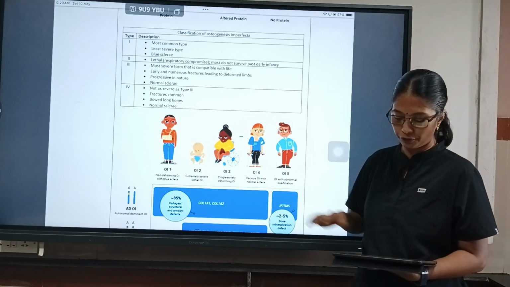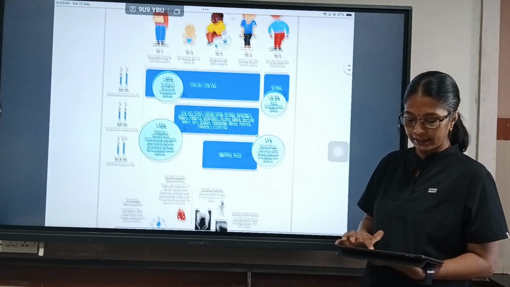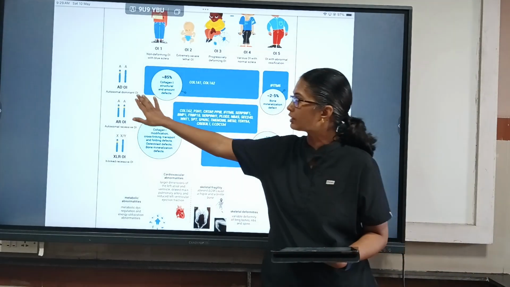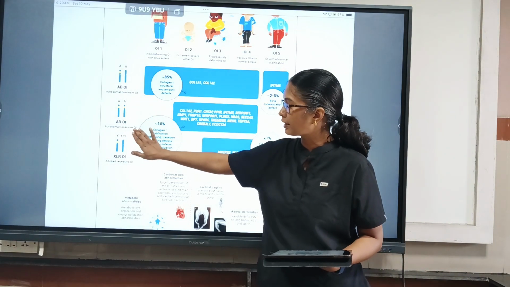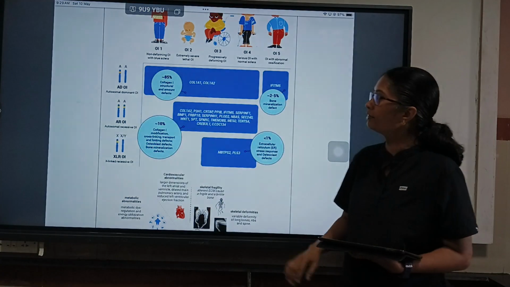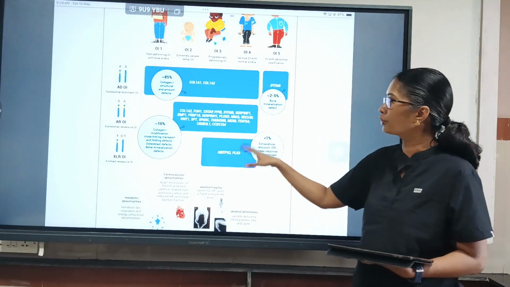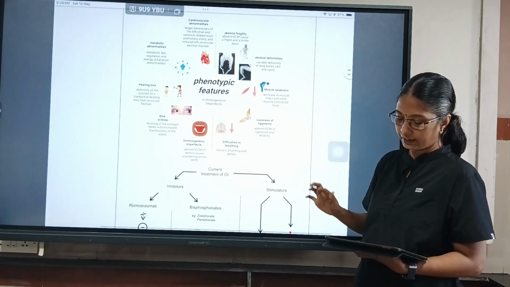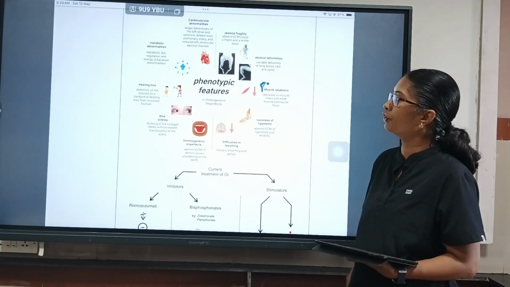So these are the types of osteogenesis imperfecta, and they classify it by whether it is autosomal dominant, autosomal recessive or X-linked recessive, and what type of genes are involved. And what does the osteogenesis imperfecta phenotype look like?